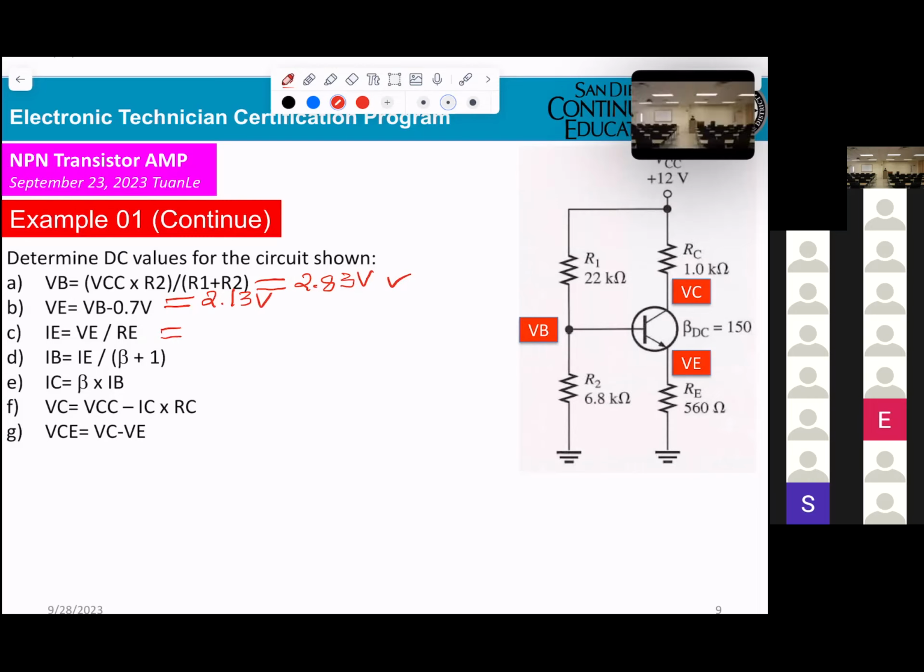What do you get for IE? 0.0038. Give me the milliamp. 3.8. Perfect. Now IB.